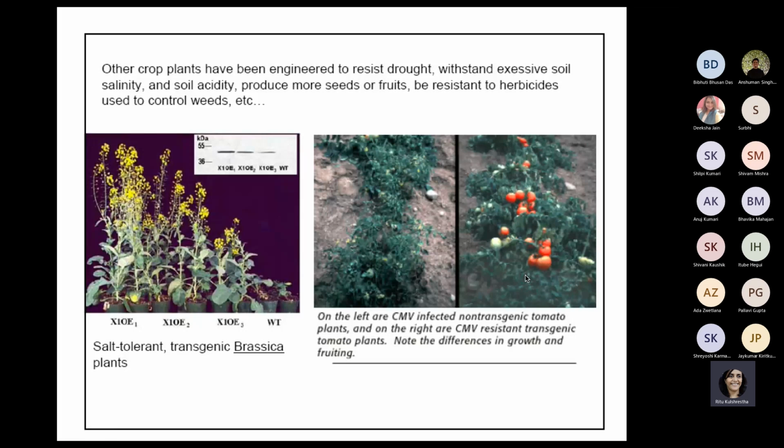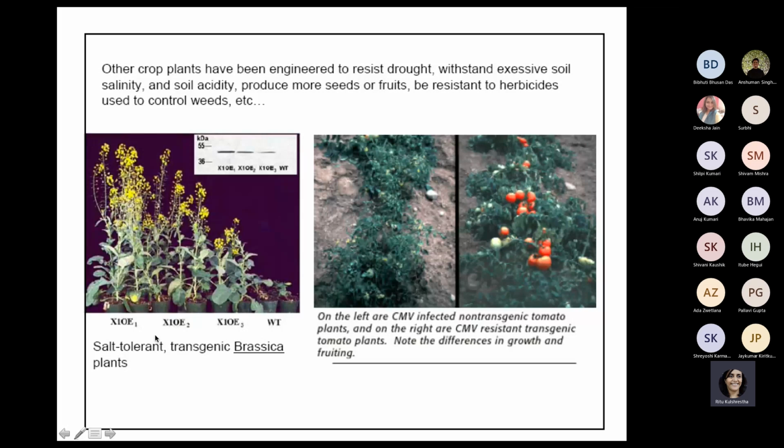Obviously there are many plants which are affected by viruses. The infection is very prevalent in certain crops. So they developed these transgenic tomatoes, and these are the wild type. When they compared the two, and virus was infected in both, they found that the transgenic ones grow very well while the wild type don't grow at all.